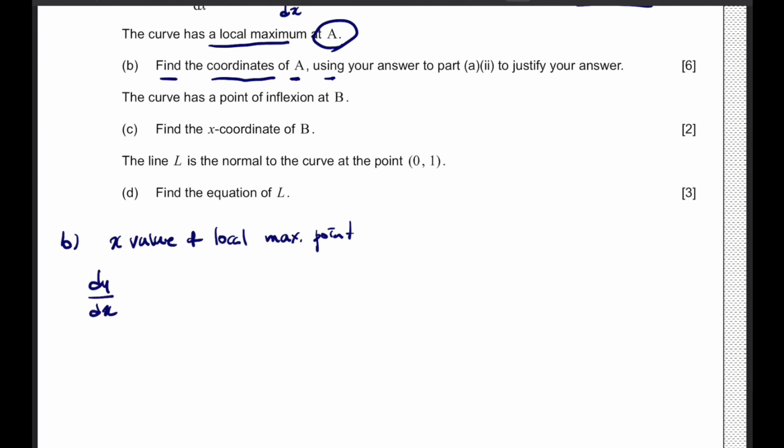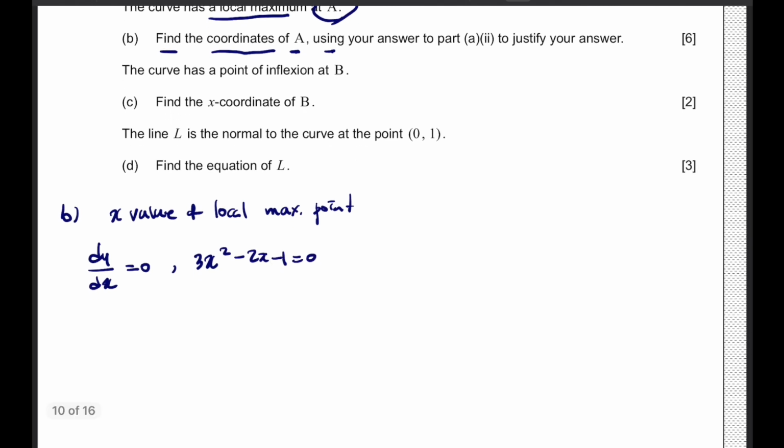So we set dy over dx equal to 0. That means we set 3x squared minus 2x minus 1 equal to 0.